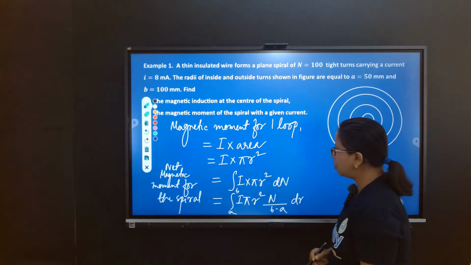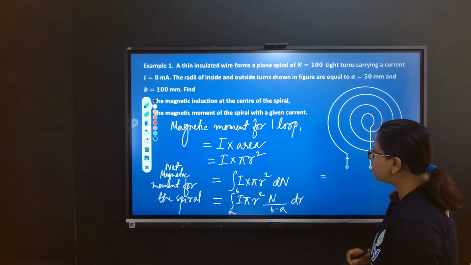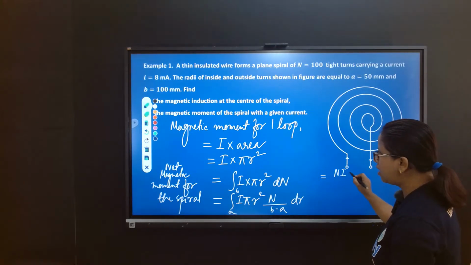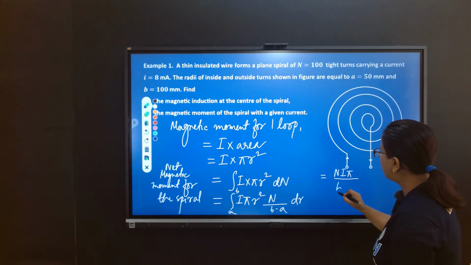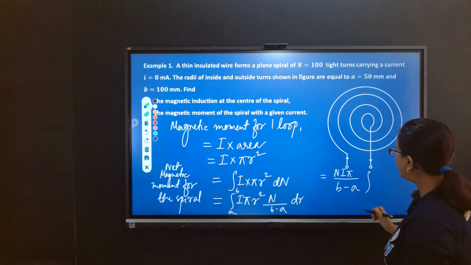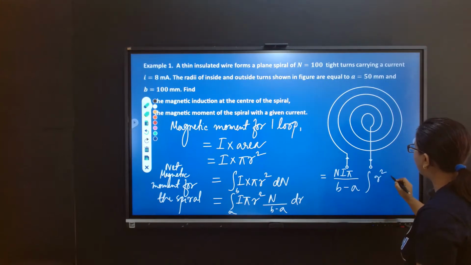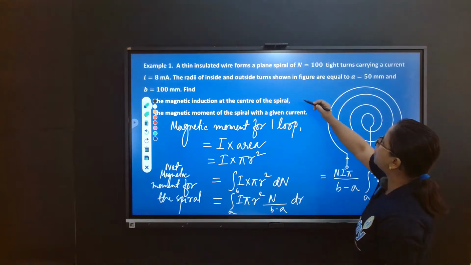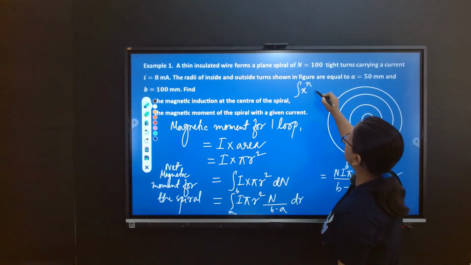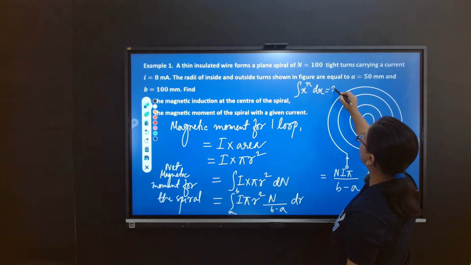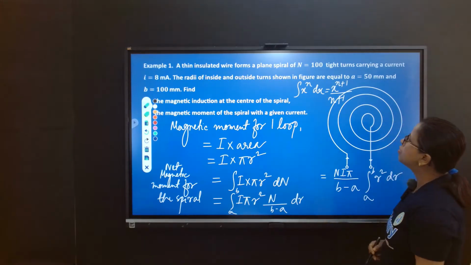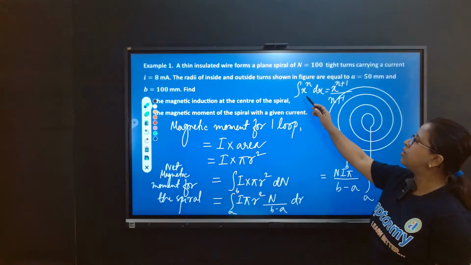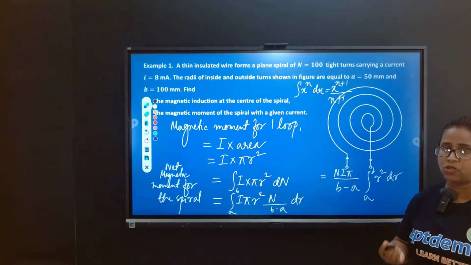Let's take out the constant terms. We get this as n I pi by b minus a and integration of r square dr. The limits are a to b. Now recall, integration x to the power n dx is equal to x to the power n plus 1 by n plus 1. So when we have r squared here, we have the value of n as 2.